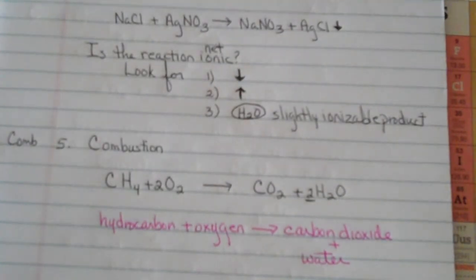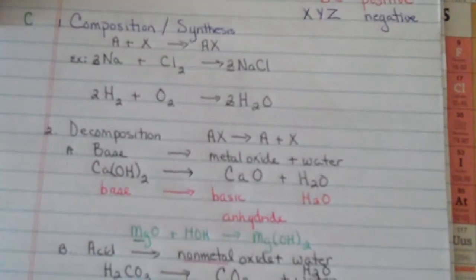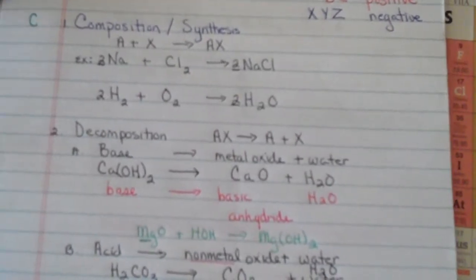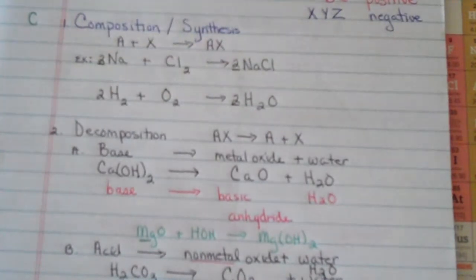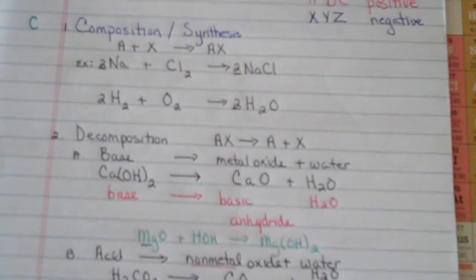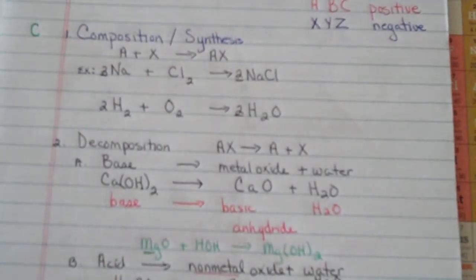So I've shown you 5 different types of chemical reactions, but what we need for this particular unit is to go back and look at those reactions again. All right? Yes, they are all different types of reactions, but most of them have something in common.